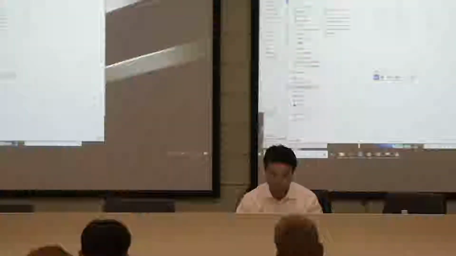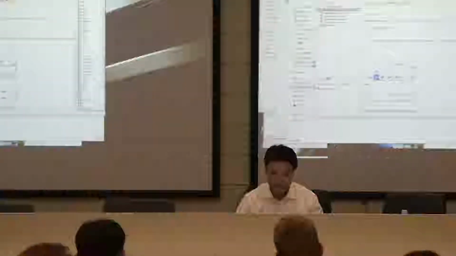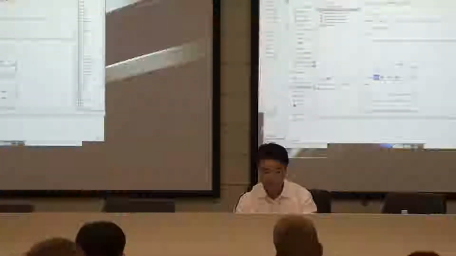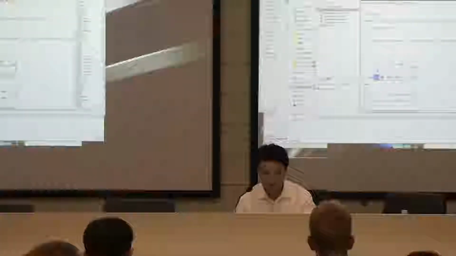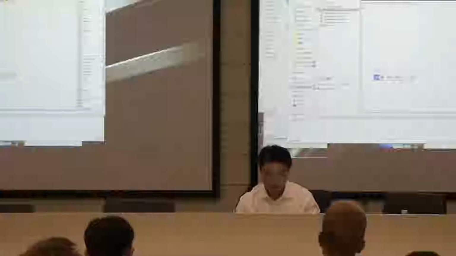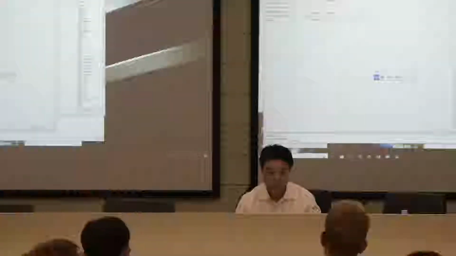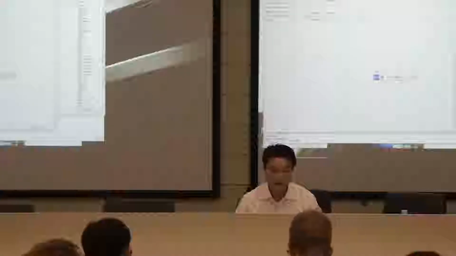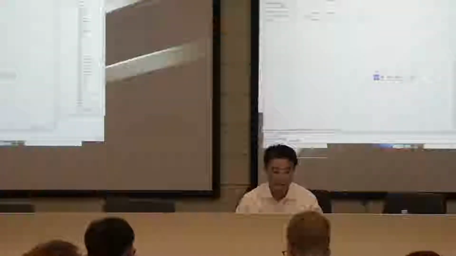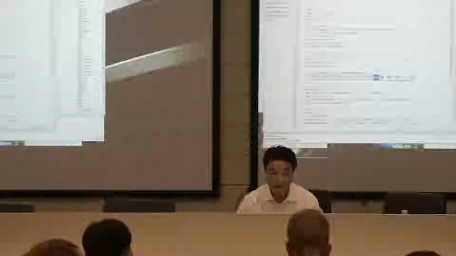So this is my MATLAB. And open your editor and use the first file, which is the inverted pendulum model.